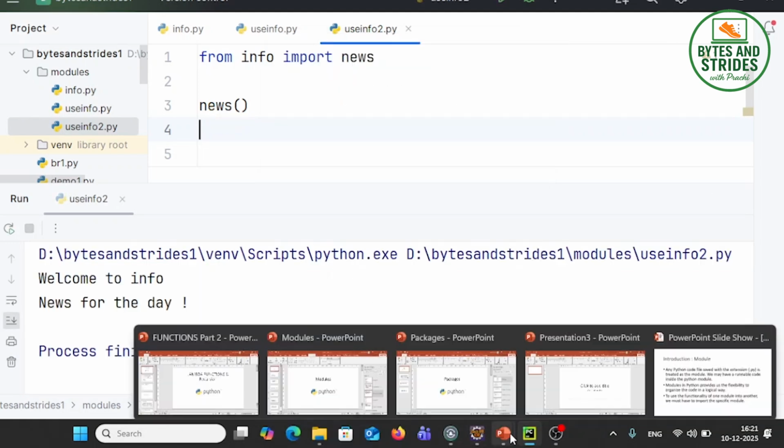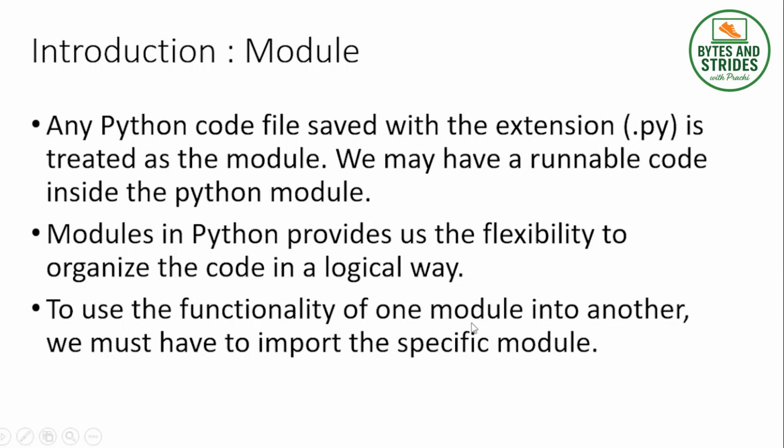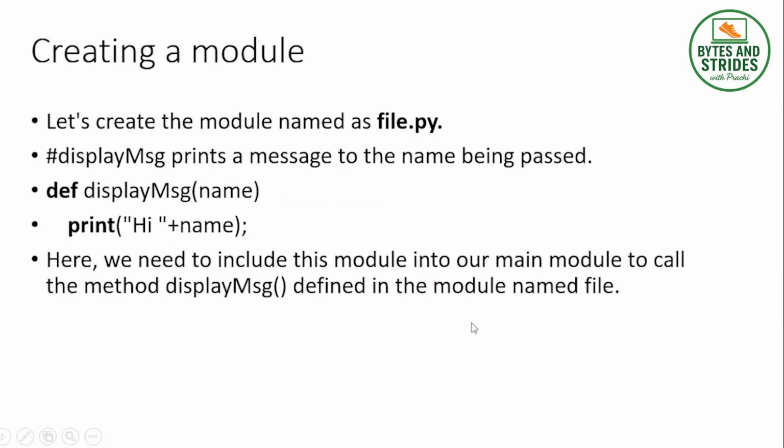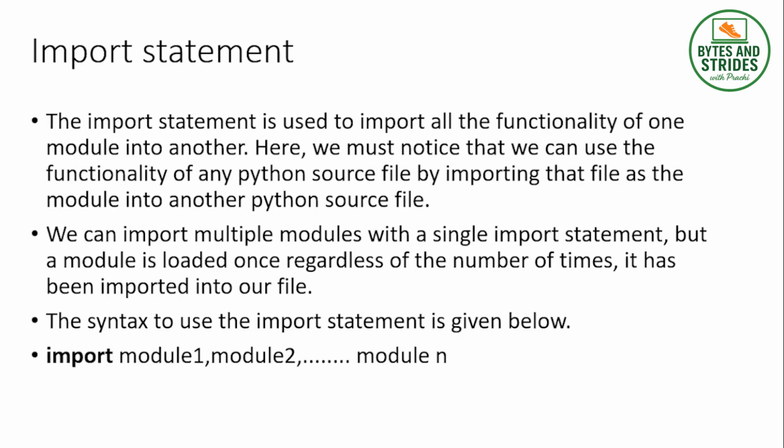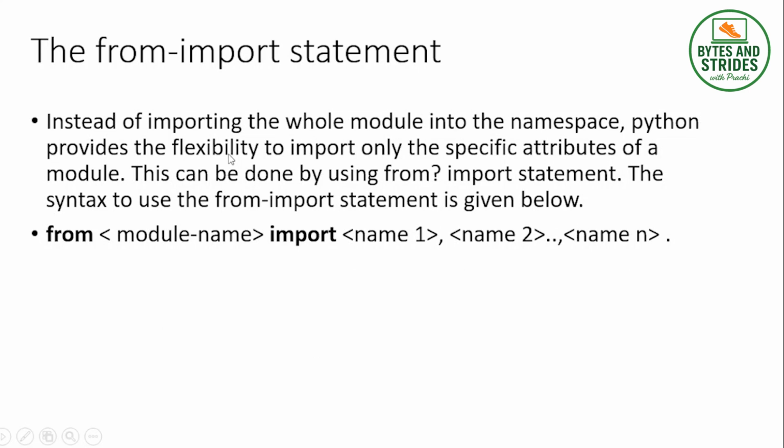Two ways to use a module: we are going to use import and we are going to use from import. What is import going to do? It will include all the functionality of one module into another.